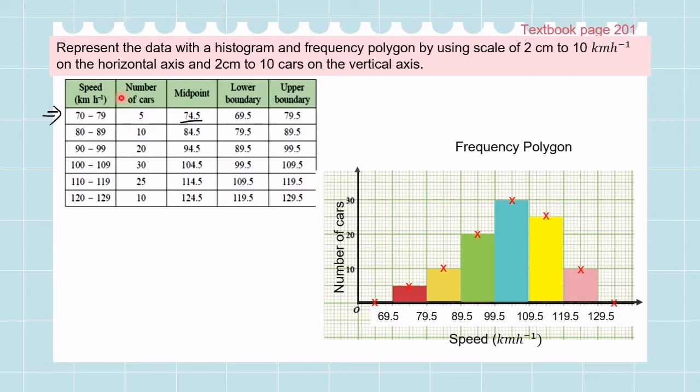So plot here also. After you plot all the points, you need to use your ruler to join all the points like this. Yeah, so this is how we draw the frequency polygon.